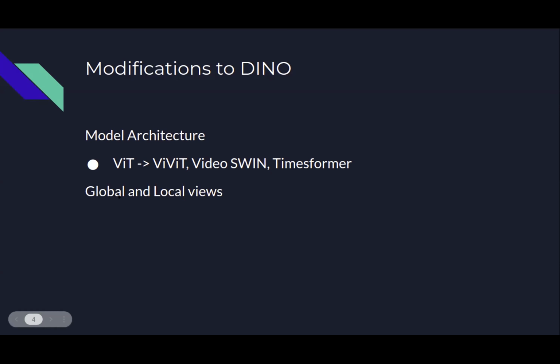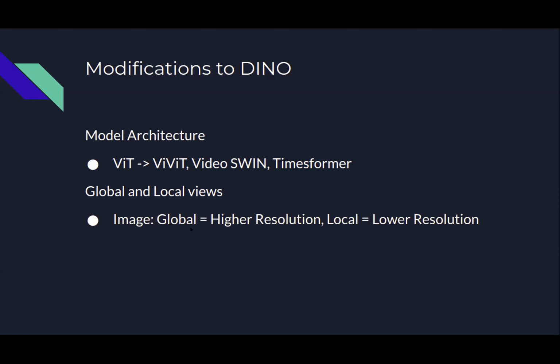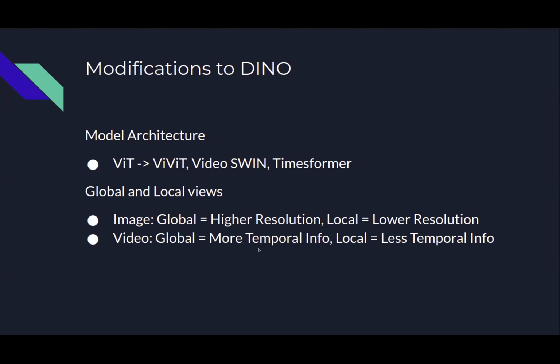And then those high resolution and low resolution images, they're referred to as global and local views. So like I mentioned, the global views are a higher resolution and the local views are a lower resolution. But for videos, we can instead take this to the temporal dimension. So our global view can have more temporal information and our local view can have less temporal information.